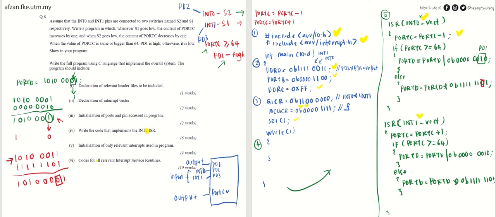And code for all the relevant interrupt service routines: this is the other interrupt service routine that you need to do. So that's all, thank you. That's all for our interrupt programming. In the next video we will see how to program in the board.